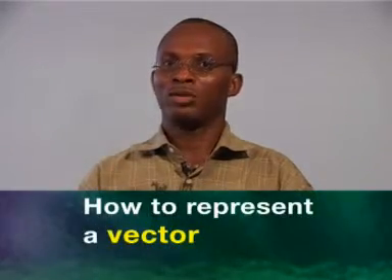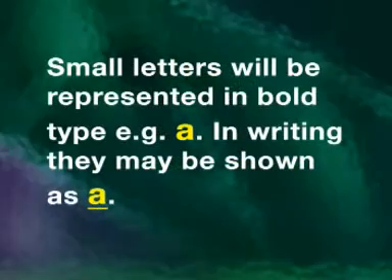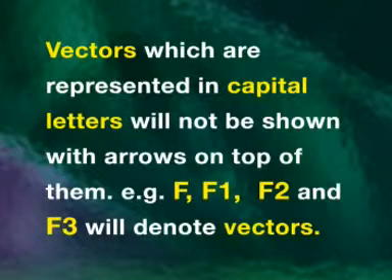I hope you remember in some of our previous lessons, we talked about how to represent a vector. That is, small letters will be represented in bold type. Example, small a. In writing, they may be shown as A with a dash under it. Vectors which are represented in capital letters will not be shown with arrows on top of them.